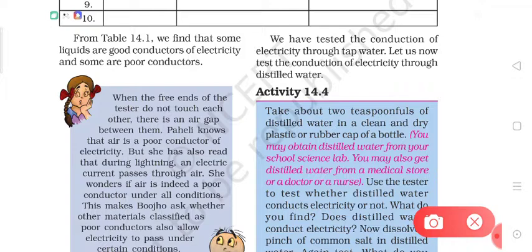That means tap water is a very good conductor of electric current, and this is why your parents and elders ask you not to touch any electrical appliance with wet hands, because the water making a film on your hands may conduct the electric current and you will get an electric shock, right, if you touch the electric appliance with wet hands.